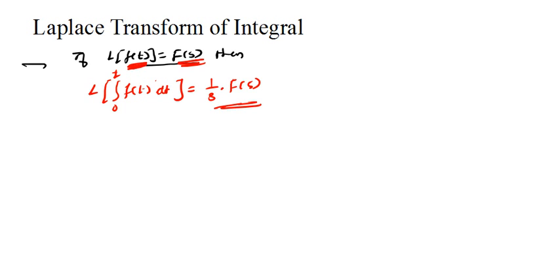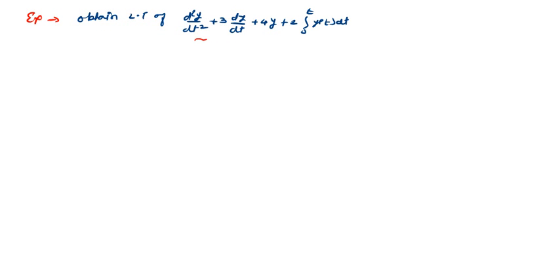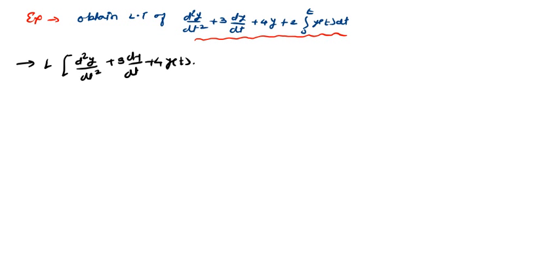For example, if I want to find the Laplace transform of this given differential equation, see how to get the Laplace transform of this. We will take the Laplace over the given equation, so this will be Laplace of d2y by dt square plus 3 dy by dt plus 4 y of t plus 2 integral 0 to t y of t dt.